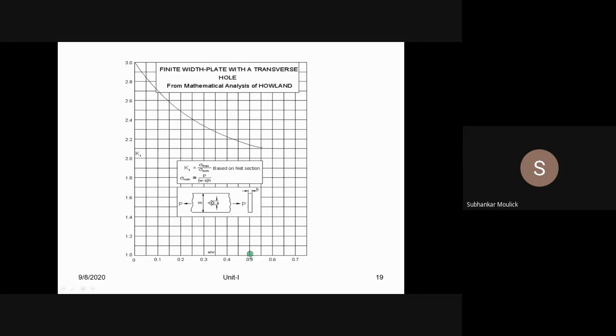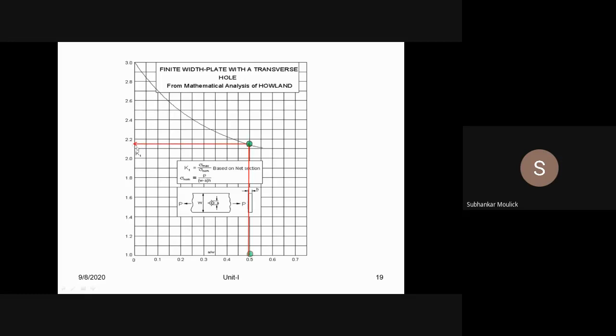From this point, I have to go vertically upward till this curve. So this vertical line is touching this curve at this point. From this particular point along negative x direction, I have to draw a horizontal line.